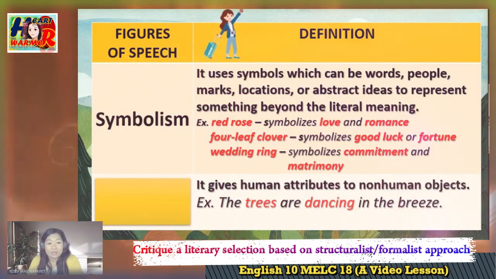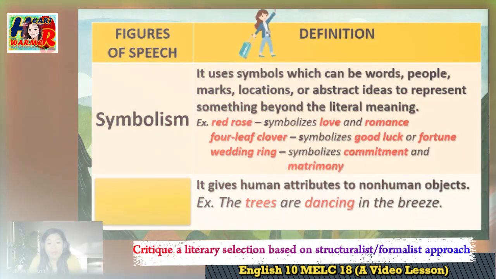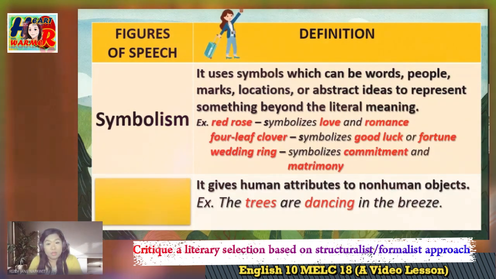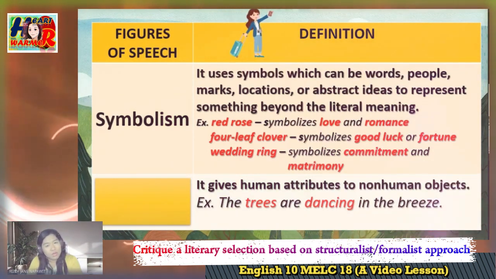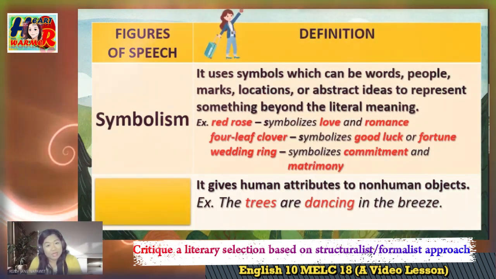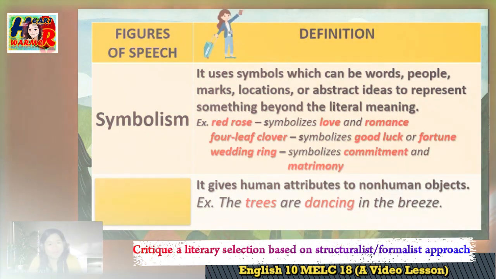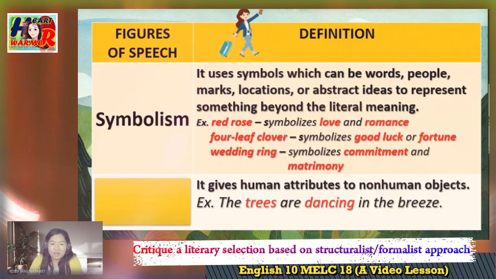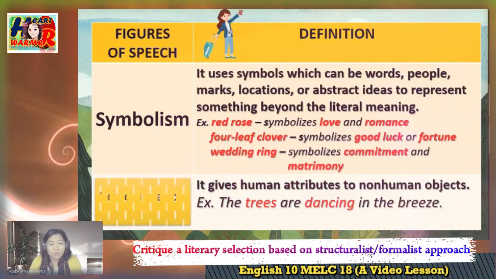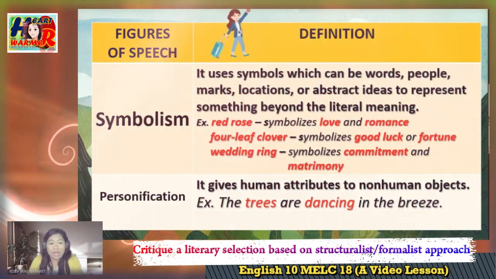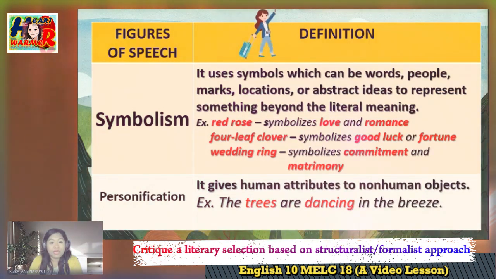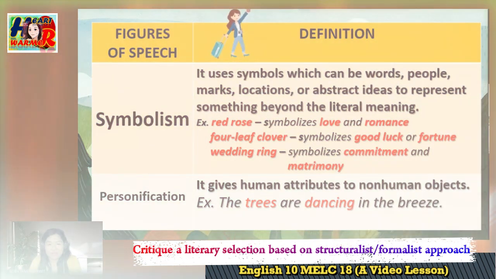Okay? Next, it gives human attributes to non-human objects. Or simply, it personifies something that is not a person. So that will give you the clue that it is referring to personification. Like in the example, the trees are dancing in the breeze.